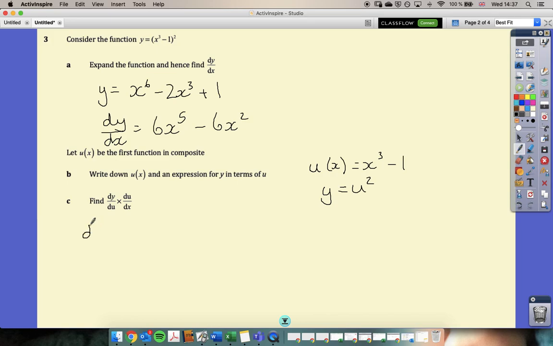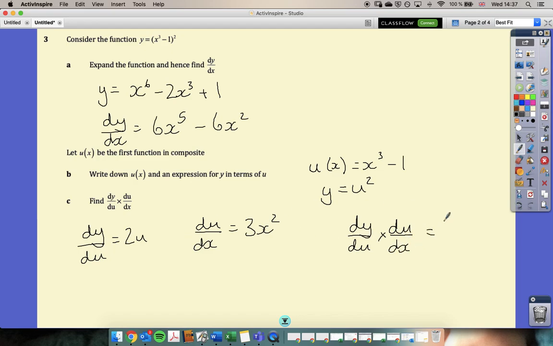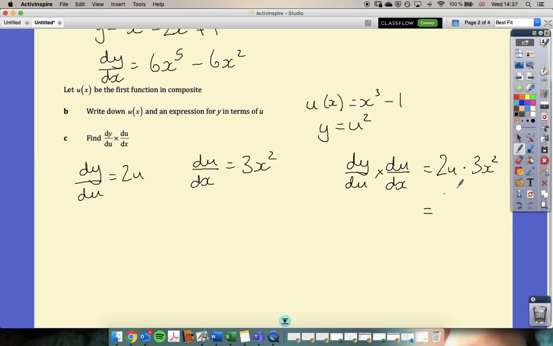So let's start. dy by du equals 2u. du by dx, I'm differentiating this here, is 3x squared, and then I want to multiply them. So dy by du times du by dx equals 2u multiplied by 3x squared, and then we're just going to simplify this.